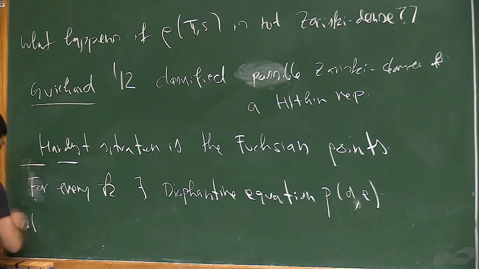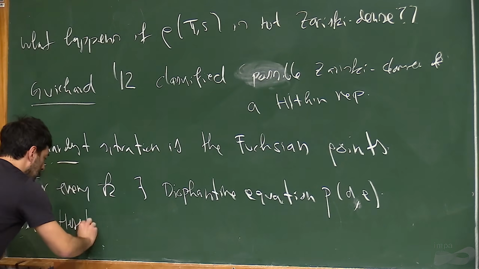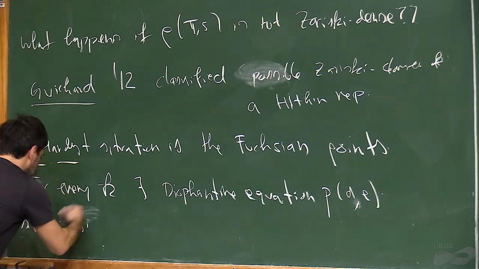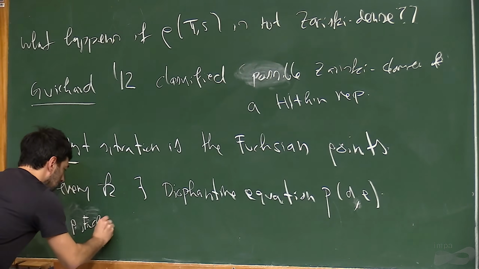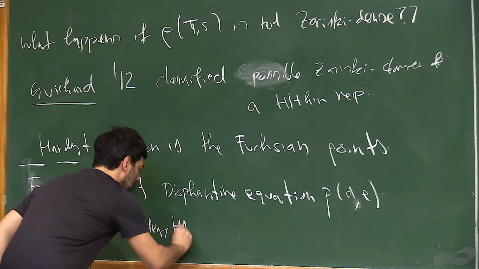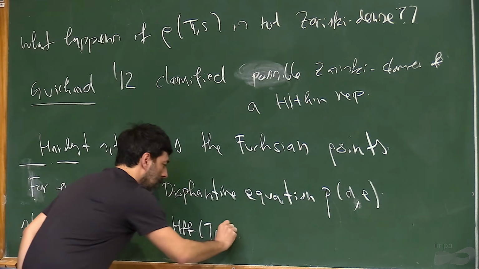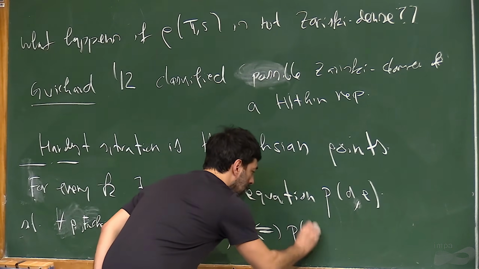Such that for every functional representation, the Hessian of the height of dimension at JV is going to be 0 if and only if this equation is verified.